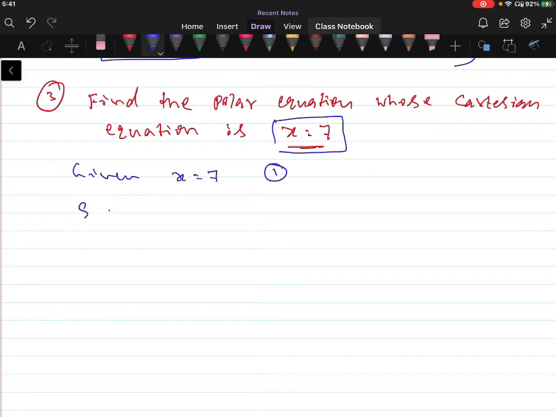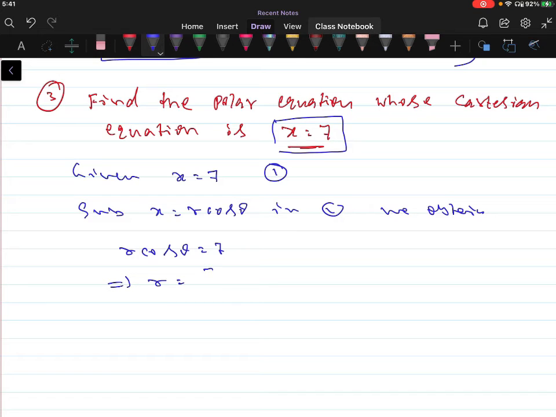Substituting x = r cos θ in 1, we obtain r cos θ = 7. So this implies r = 7 / cos θ. This implies r = 7 sec θ is the required polar curve.